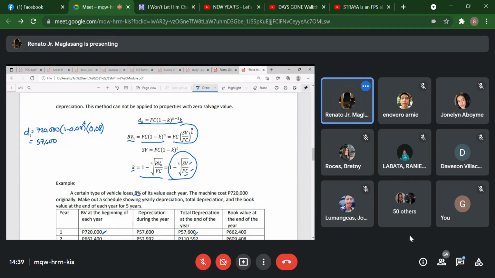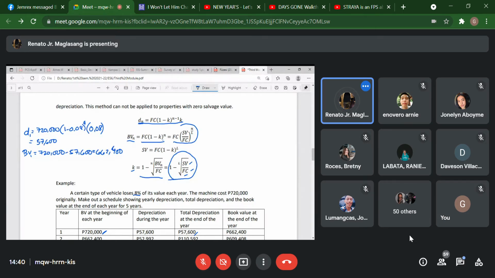To get the book value, you subtract. Book value is equal to 720,000 minus 57,600, so we will have 662,400.